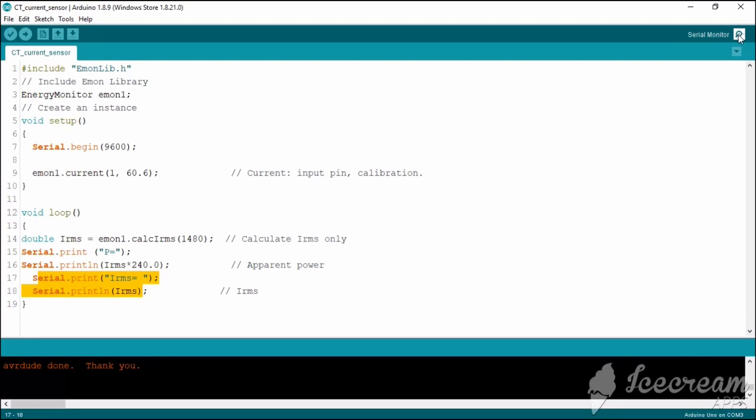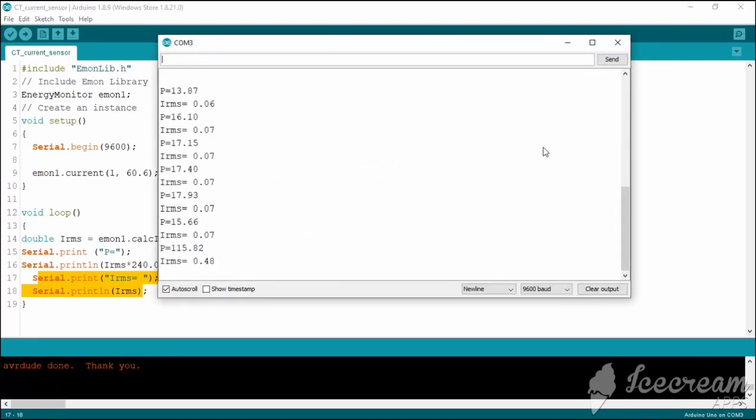When we open the serial monitor, let's see when we plug in our AC 100 watt bulb. As you see, we have apparent power 105 and ERMS 0.44, which matches very well with our physical calculation with the multimeter.